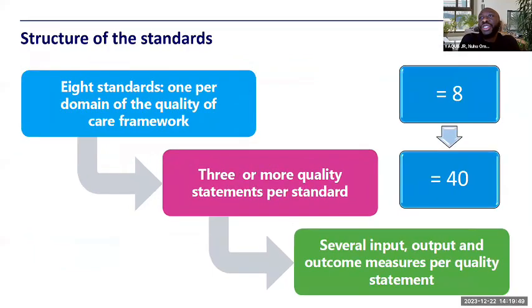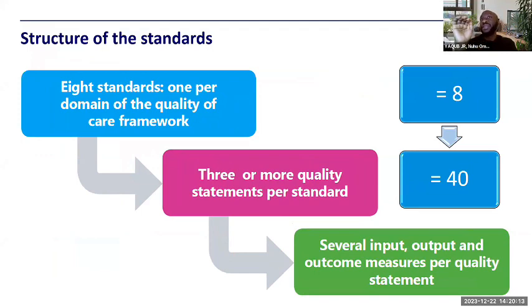The way the standards are structured is like all the other standards. So we have the 8 standards, or one for each domain of quality of care, as I've highlighted, and those are the 8 areas I highlighted. Underneath each of those, we have 3 or more quality statements. Those statements are for specific areas under each standard, that I'll show you in a subsequent slide.